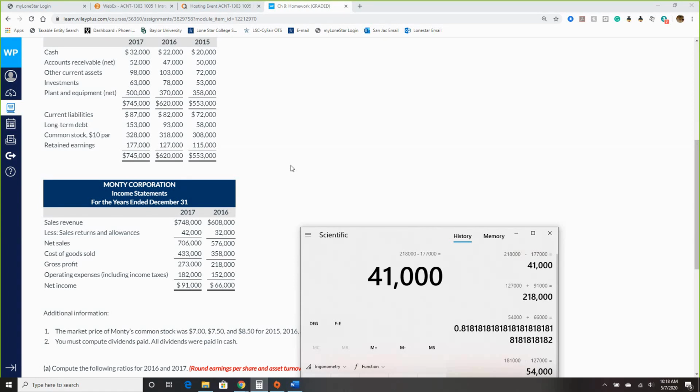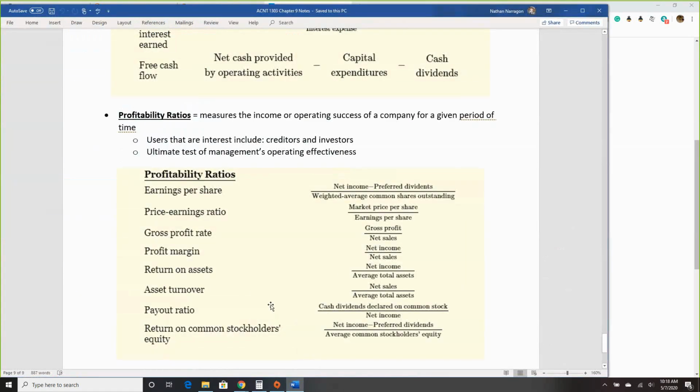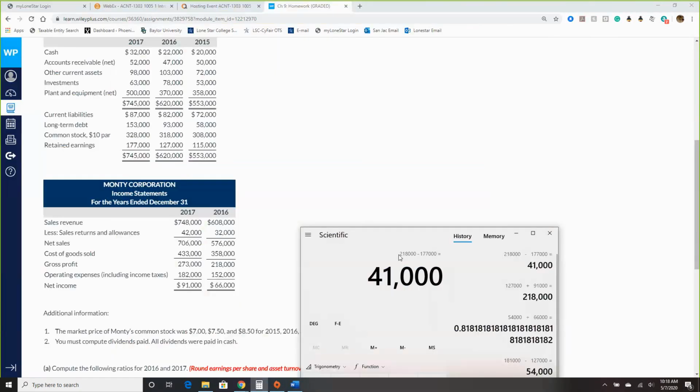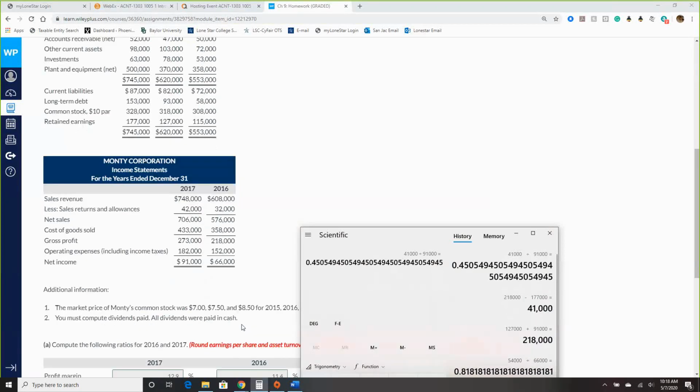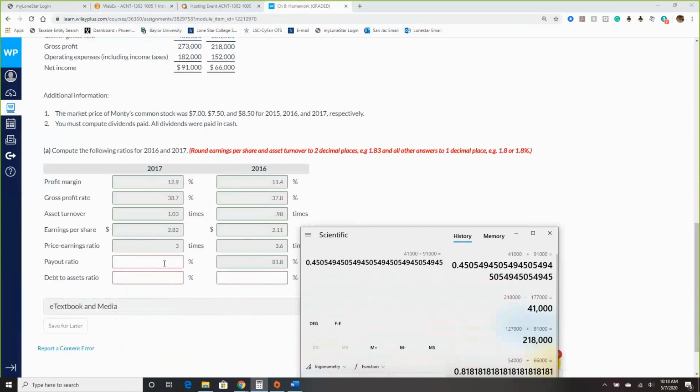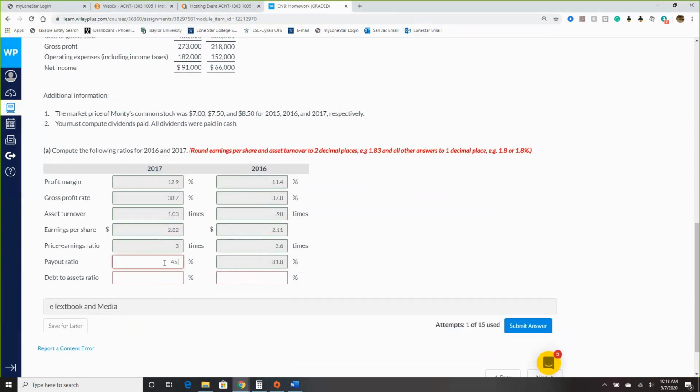Again, the formula tells us take those and divide it by net income. So 41,000 divided by 91 equals 45.1%. So payout ratio is definitely going to be one that's going to trip you up.